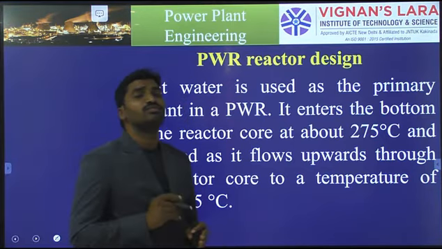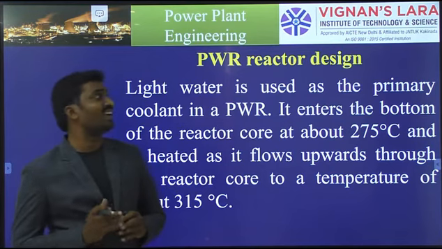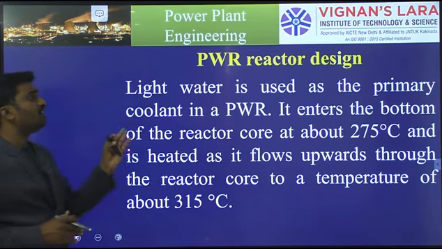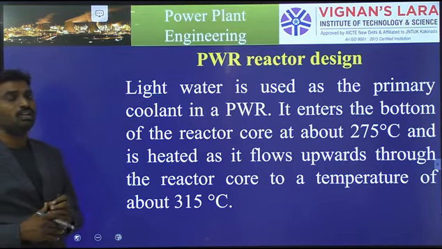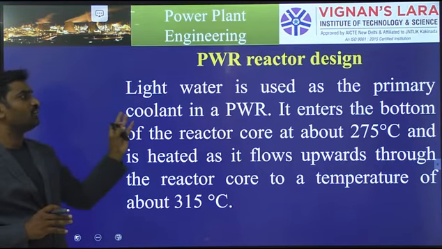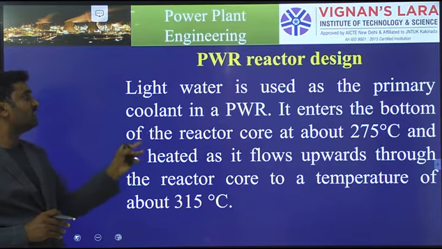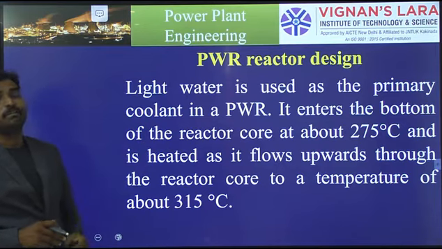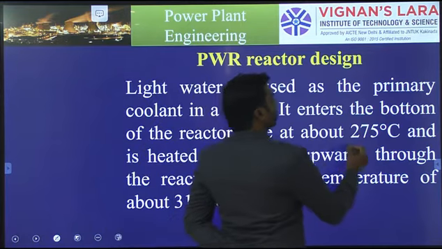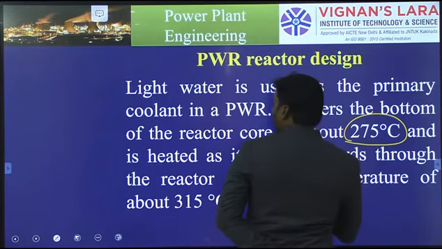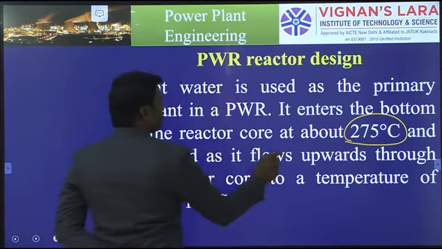The design is also very important in a pressurized water reactor. Here the light water is used as the primary coolant in a PWR. Normal water we are using as a coolant. It enters the bottom of the reactor core at a temperature of 275 degrees centigrade. It's a very high, superheated temperature, and it is heated as it flows upwards.